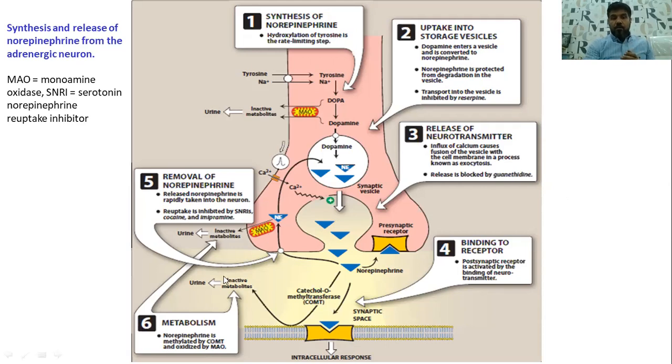Removal of norepinephrine, as I mentioned previously: some of the norepinephrine moves out of the synaptic cleft, and others can be taken up again into the presynaptic neuron.